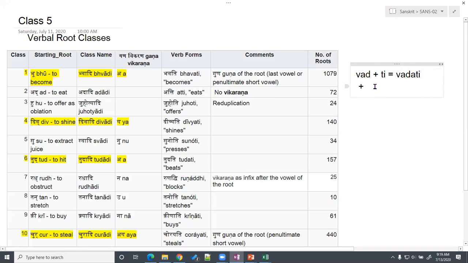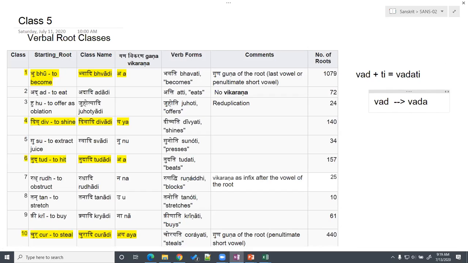We don't have Vadati, we have Vadati. So this akara, this additional akara, where does it come from? We said that first, if you remember when we described the last time, Vad will give rise to a stem called Vada. This is called stem.